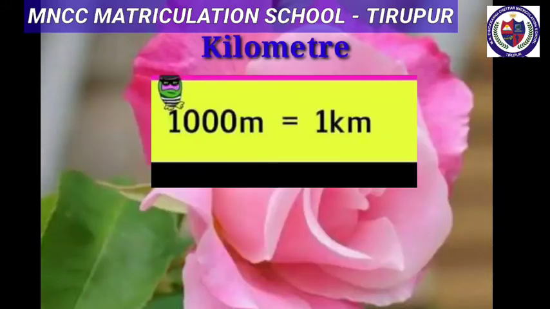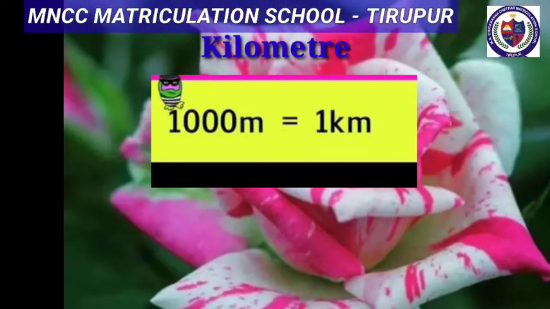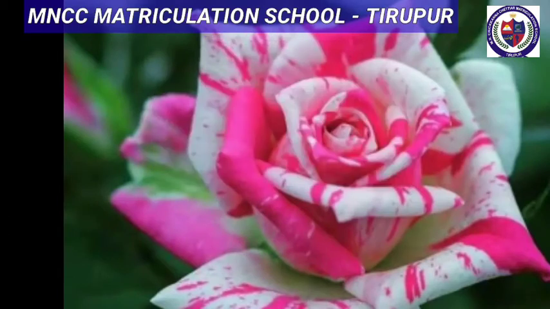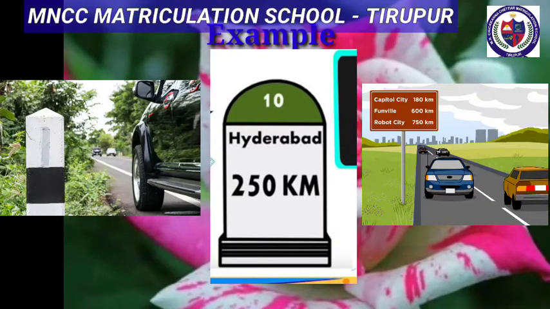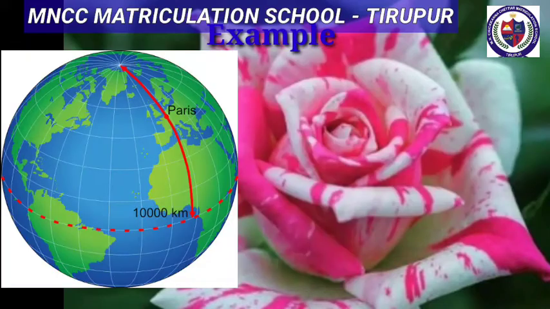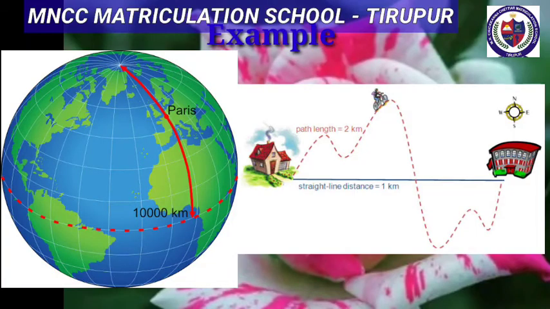Kilometer. Kilometer is a unit of measurement which is used for long distances. For example, we see kilometer boards while traveling. The kilometer is also used to find the length between 2 given points or 2 countries on a map.